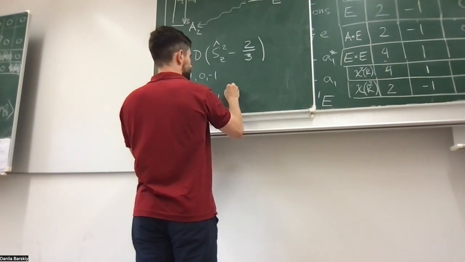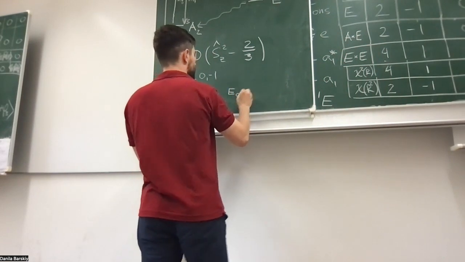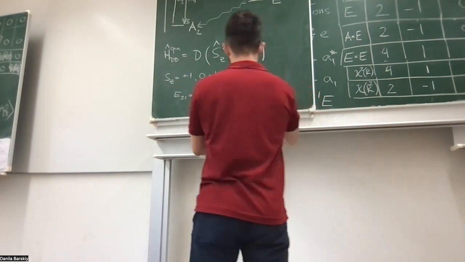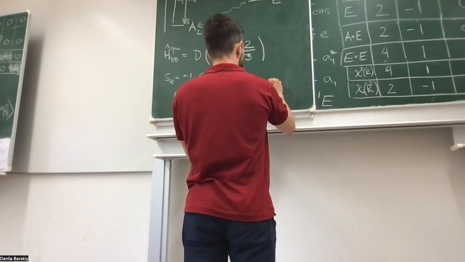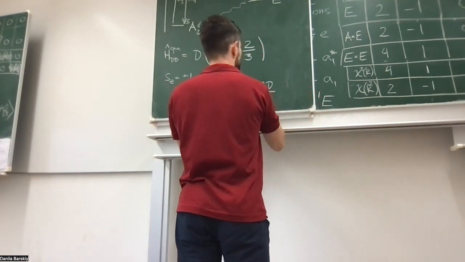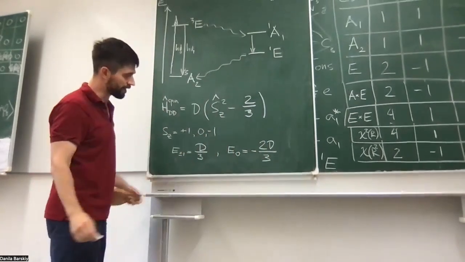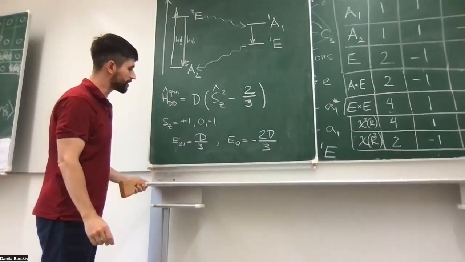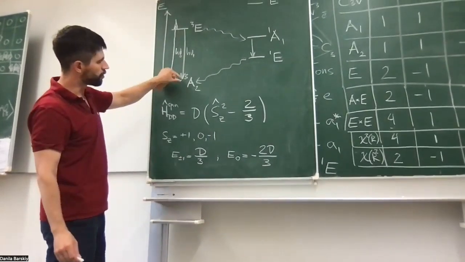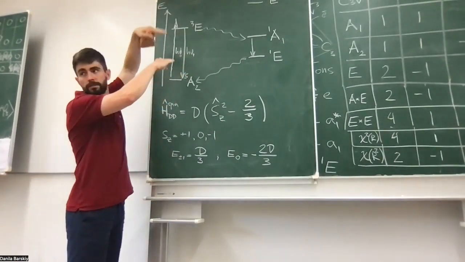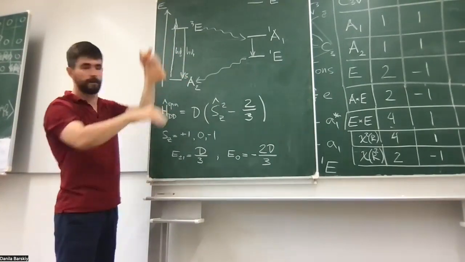And energy corresponding to the zero projection is going to be 0 minus 2/3, so minus 2D divided by 3. But we are talking about this dipole-dipole interaction, so in reality it's actually way smaller energies than this energy. Some energies nearer here.